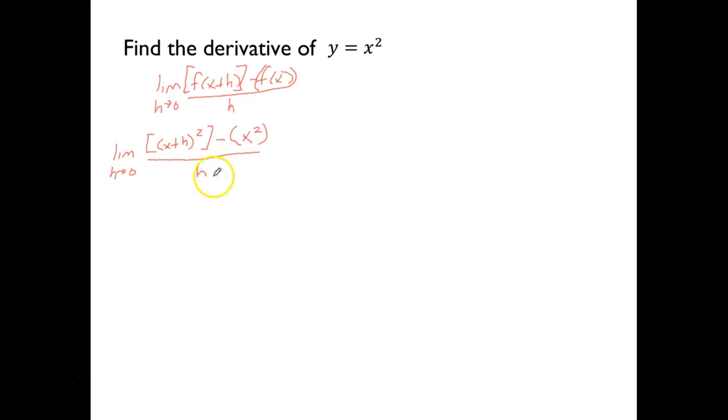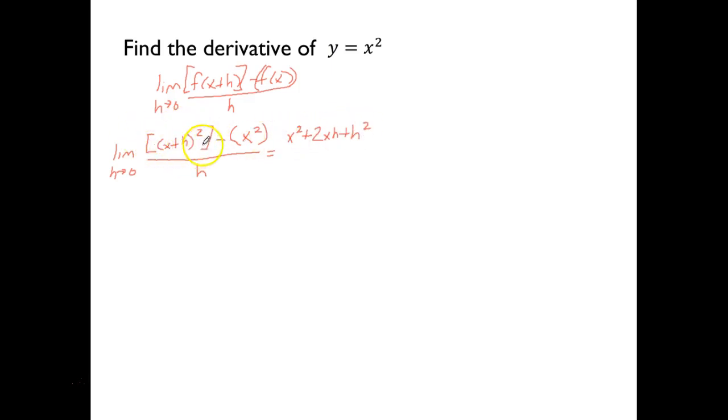h. Well, I can't plug in 0 yet because I would have division by 0 on the bottom. And remember what this means: x plus h times x plus h. And when you FOIL that out, you get x squared plus 2xh plus h squared. That's that whole first portion here.